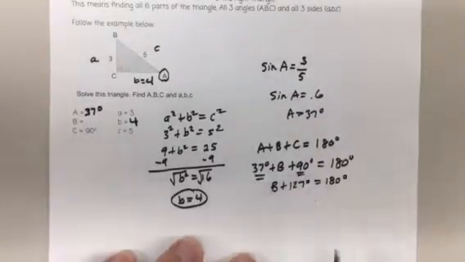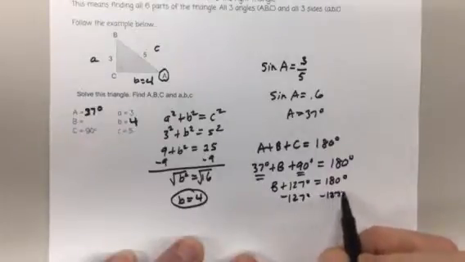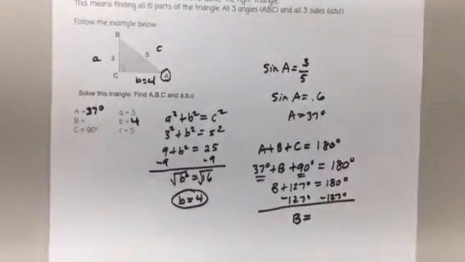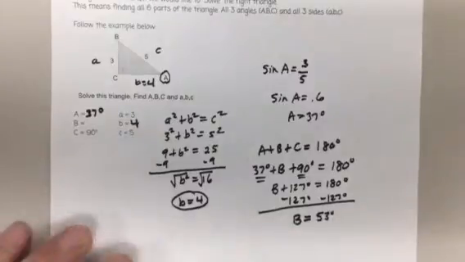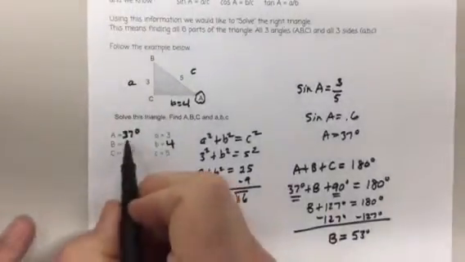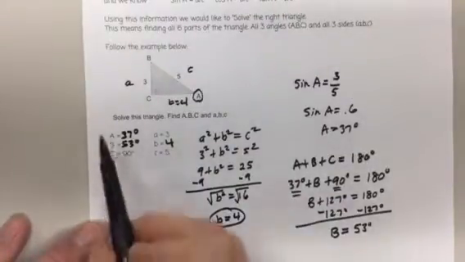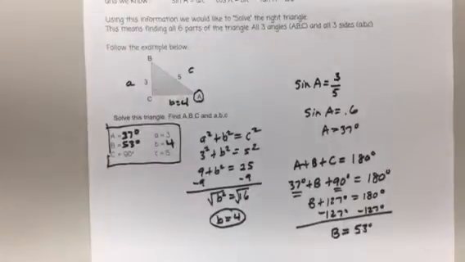So I'm adding these like terms. And then I simply subtract 127 from both sides. And I get B must be 53 degrees. So over here, B is 53 degrees. Now I have all 6 parts of the triangle. I have solved the triangle.